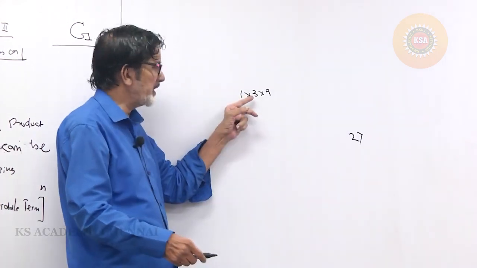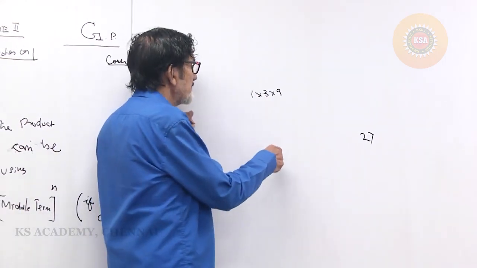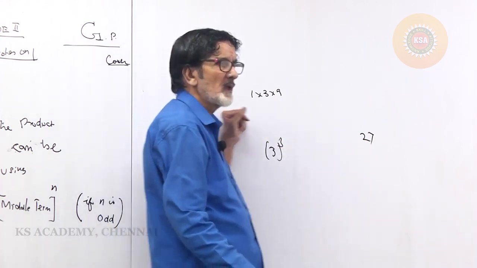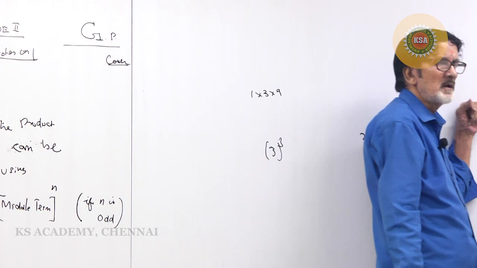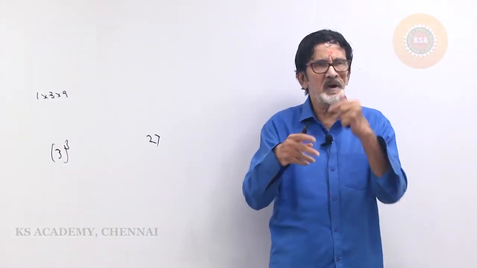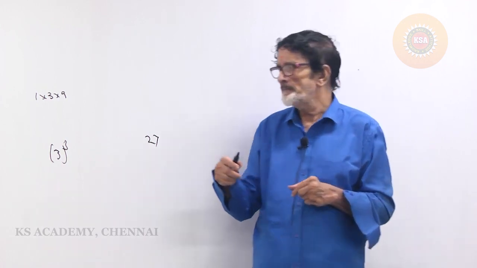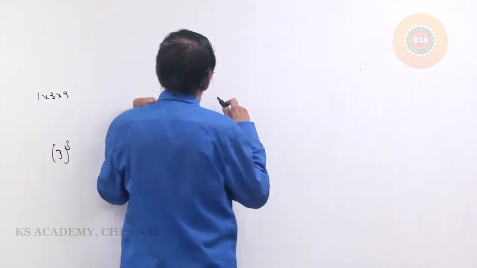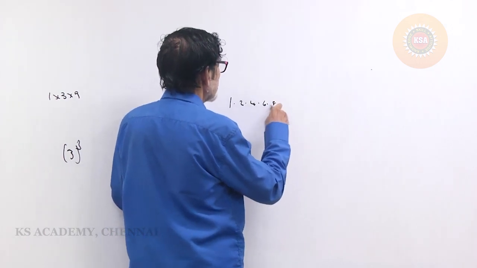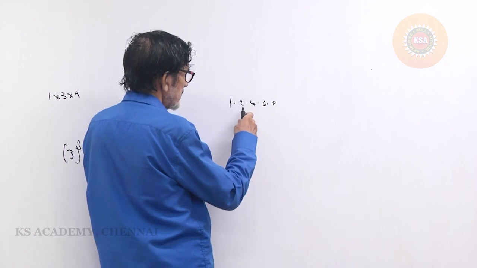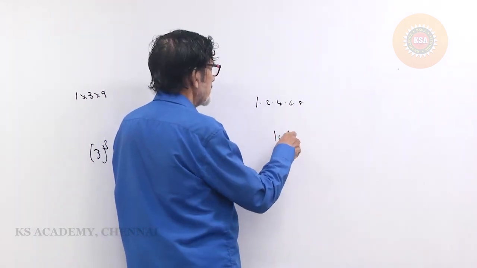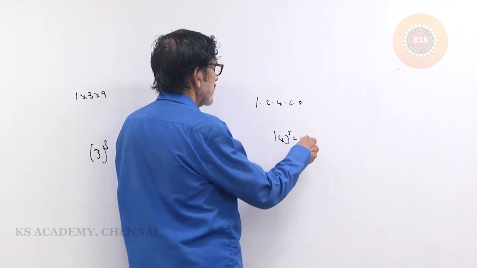The middle term is 3, and the number of terms is 3, so 3 cube is 27. If you take 5 terms, identify the middle term, and the middle term to the power of 5 is equal to the product of 5 terms. In the same manner, 1, 2, 4, 8, 16: 5 terms, the middle term is 4, and 4 to the power of 5 is 1024.